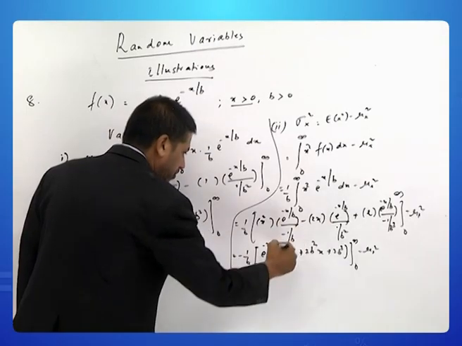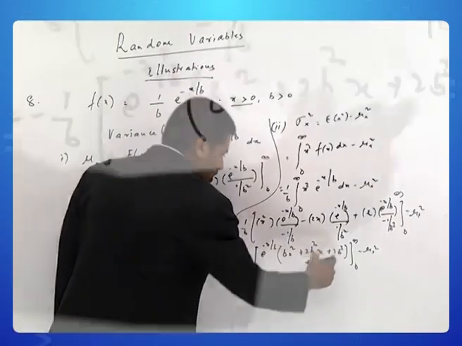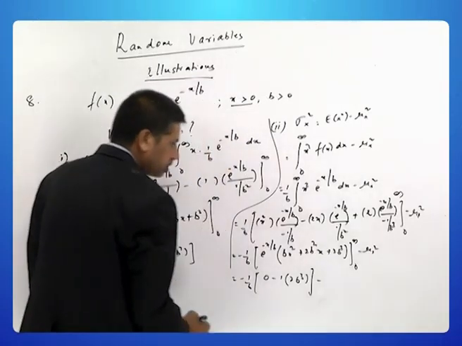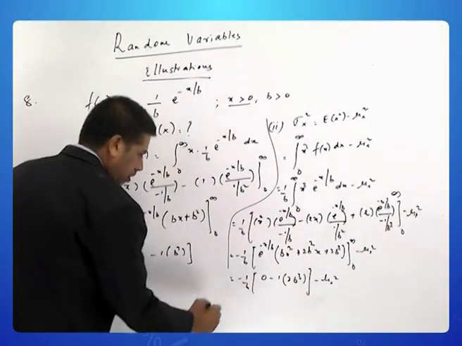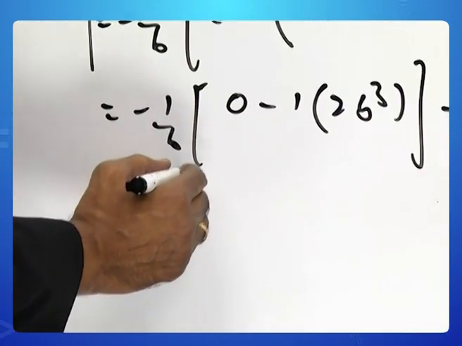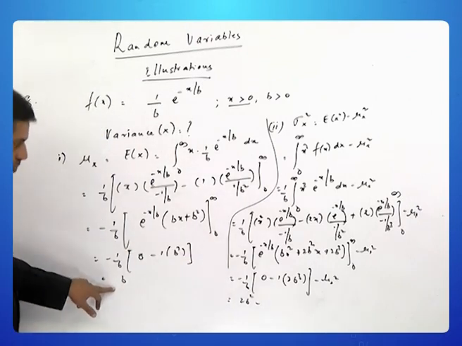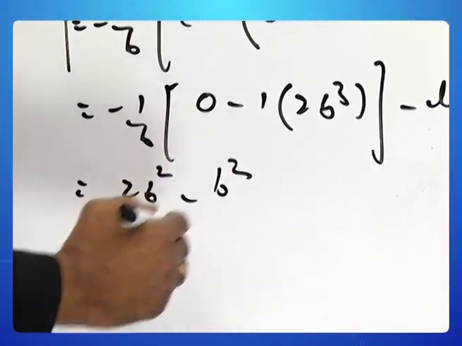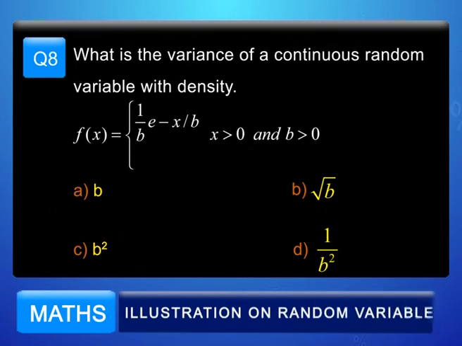E power minus infinity becomes 0, minus 1 into, only this will survive, 2b cube, minus square of the mean. So 2b cube by b is 2b square, minus mean is already b. So square of the mean will be b squared. So 2b square minus b square is b squared and the correct option is C.